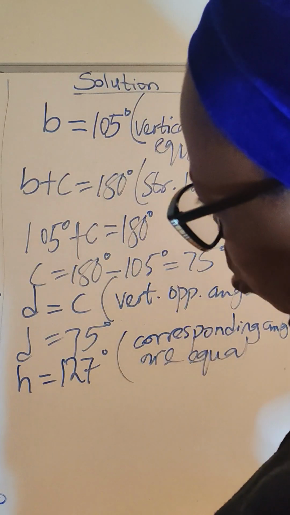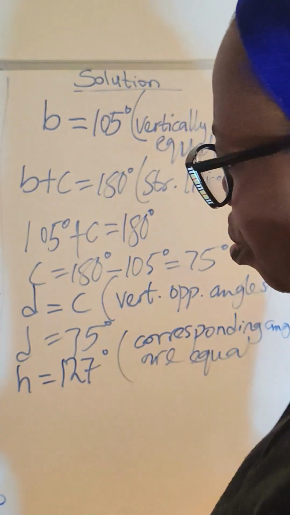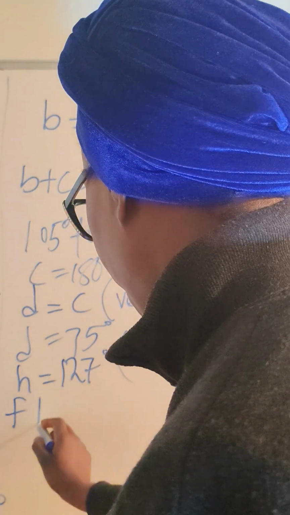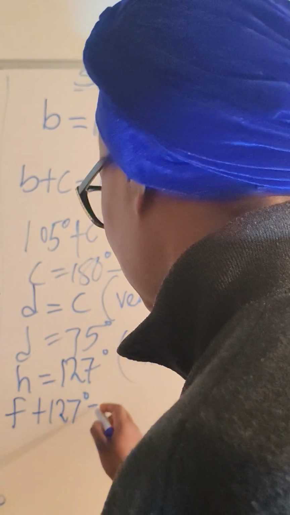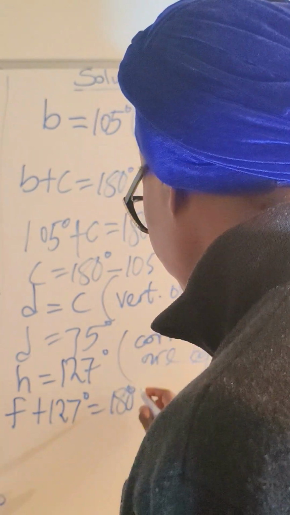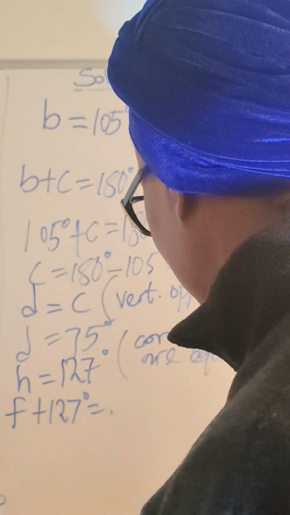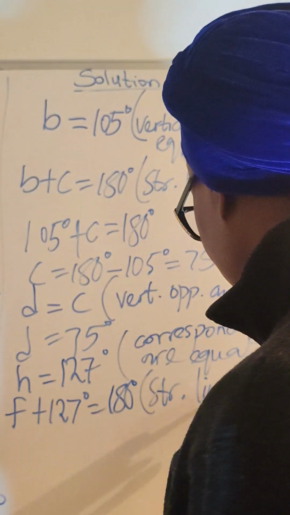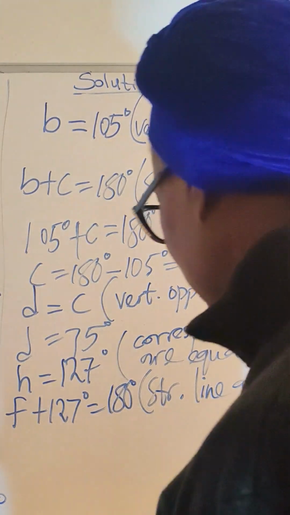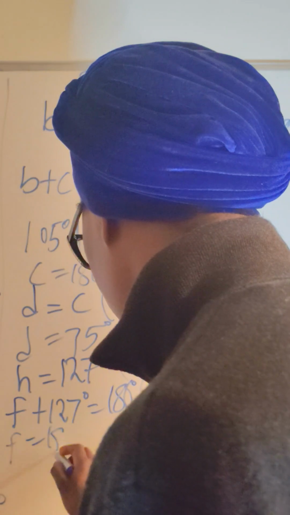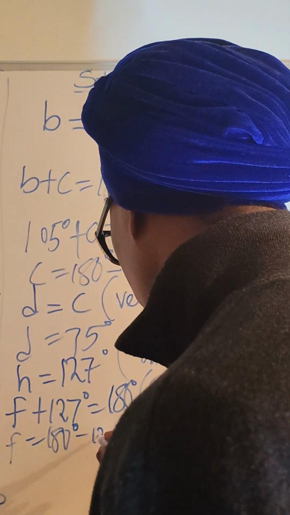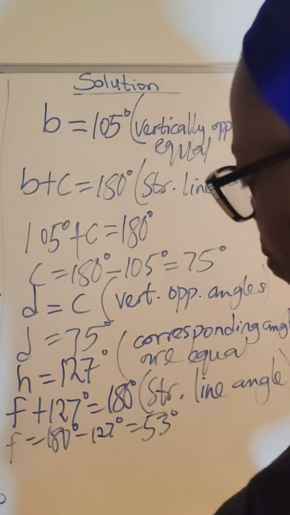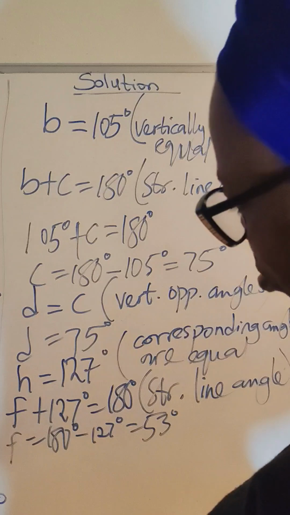Also, let's look at the angle beside angle F. F plus 127 degrees are equal to 180 degrees because they are straight line angles. And therefore, F is equal to 180 degrees minus 127 degrees, which is equal to 53 degrees. Angle F is equal to 53 degrees.